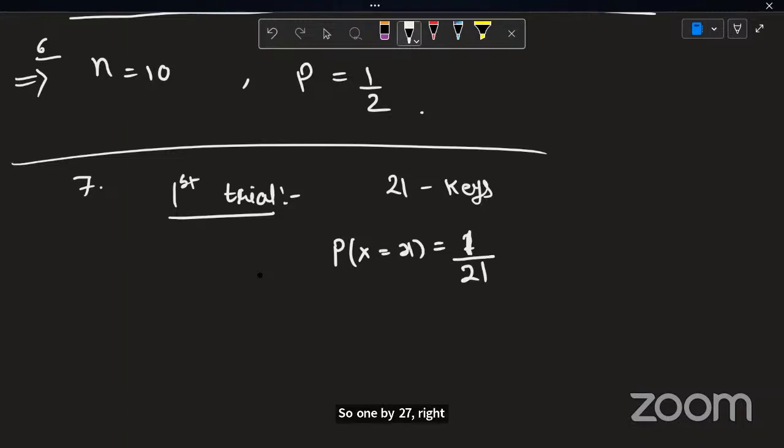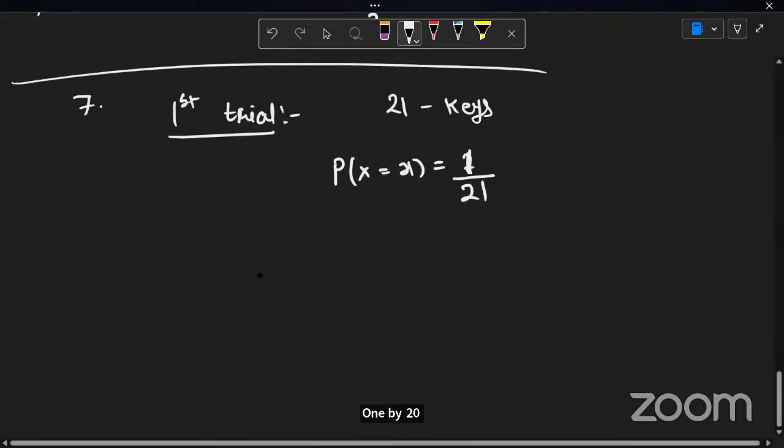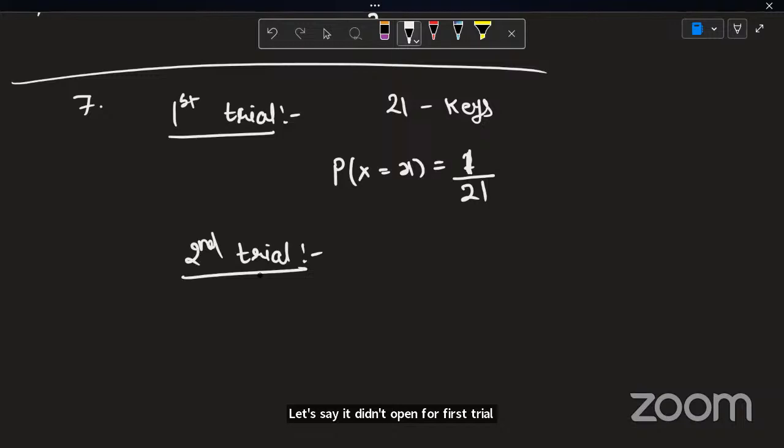Let's say it didn't open for the first trial and it opened for the second trial. Then how will you give the probability? 1 by 20. Is the probability of x equal to 2 directly 1 by 20? I don't think so.